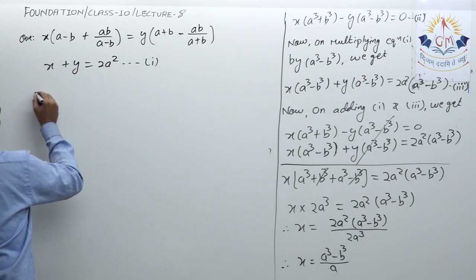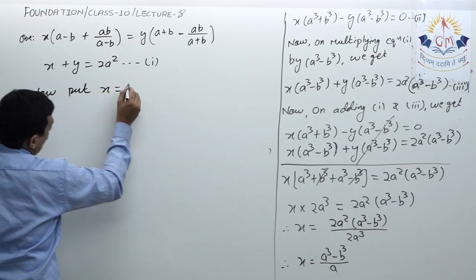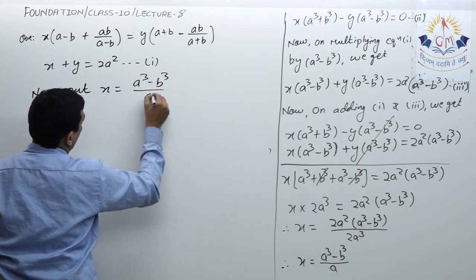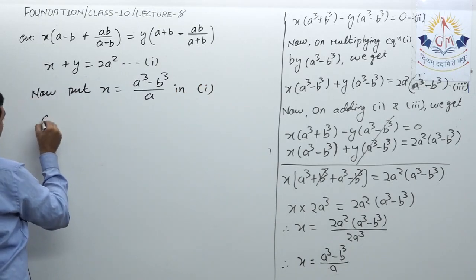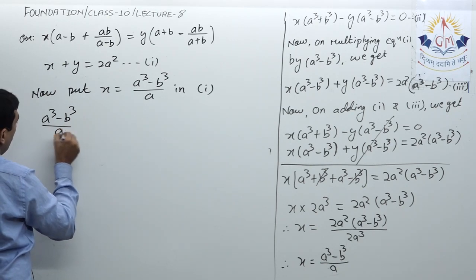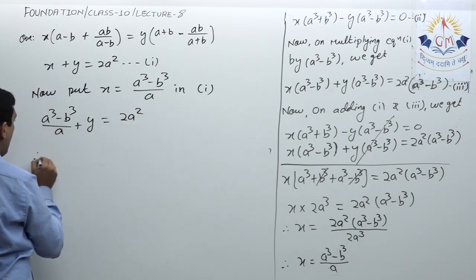Okay, now put x equal to (a³ − b³) upon a in first. So (a³ − b³) upon a plus y is equal to 2a².